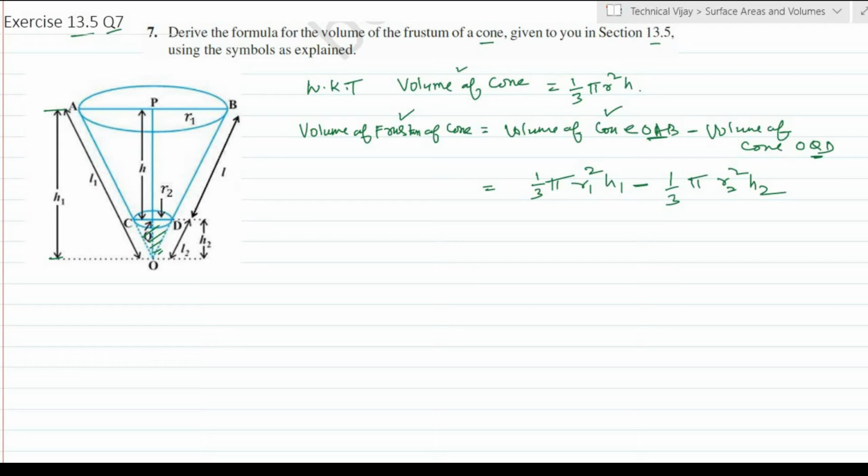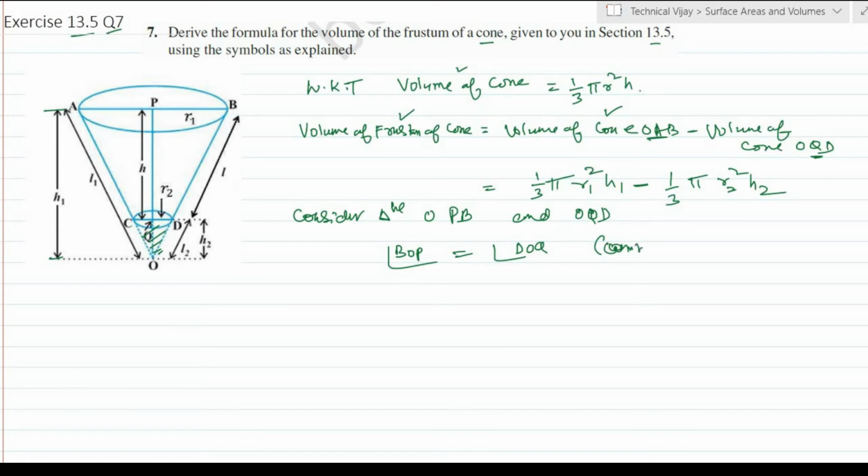Now we will consider triangles OPB and OQD, same thing as we have done in the last exercise. Angle BOP is equal to angle DOQ, because this is a common angle.